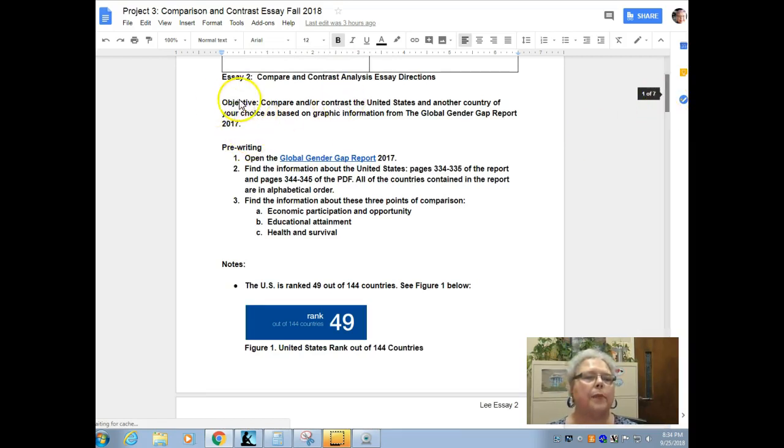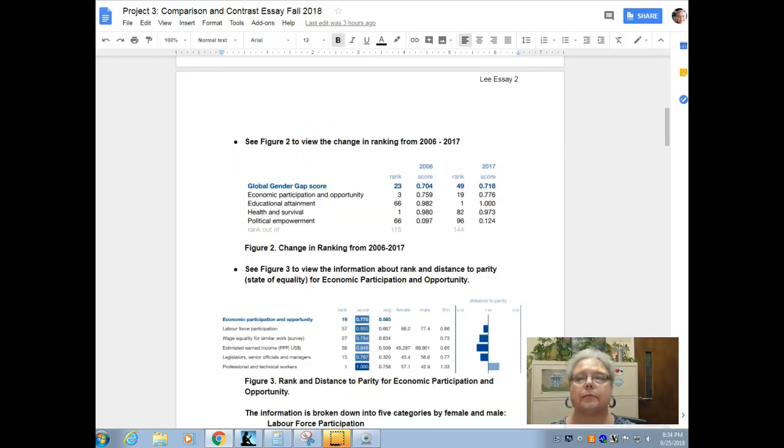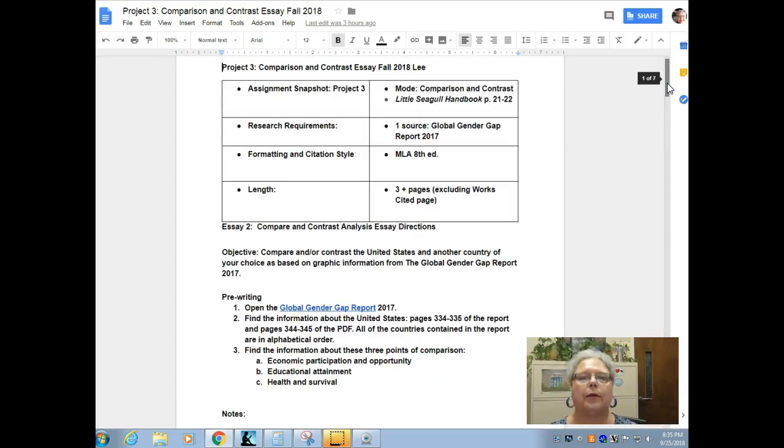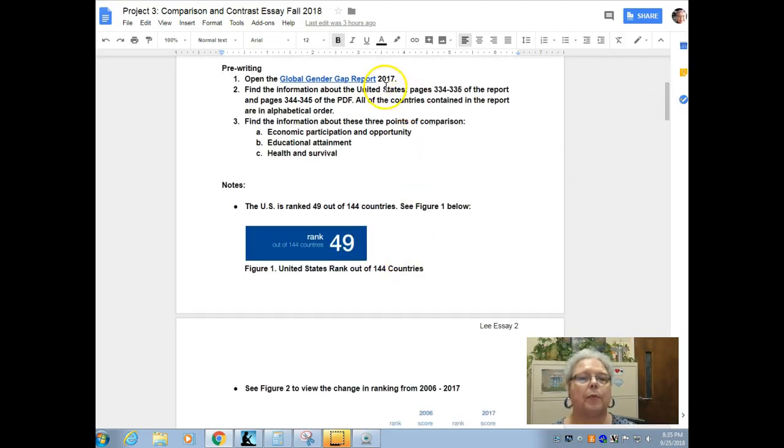Okay, so the objective of this assignment, and it's not cooperating with me. There we go. The objective for this assignment is to compare and contrast the United States and another country of your choice based on graphic information from the Global Gender Gap Report 2017. All right, there's another link to it right within the document here. And also, it's on the middle page, and that's where I pulled it up from.